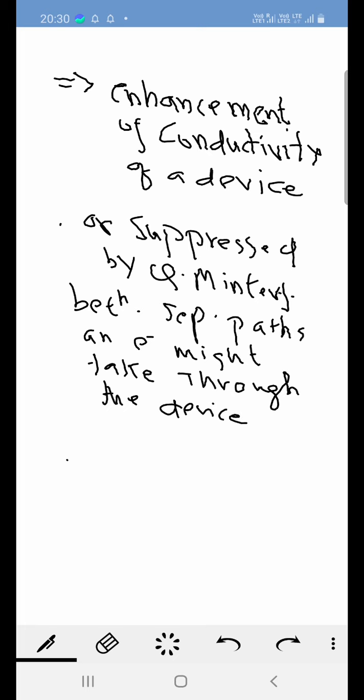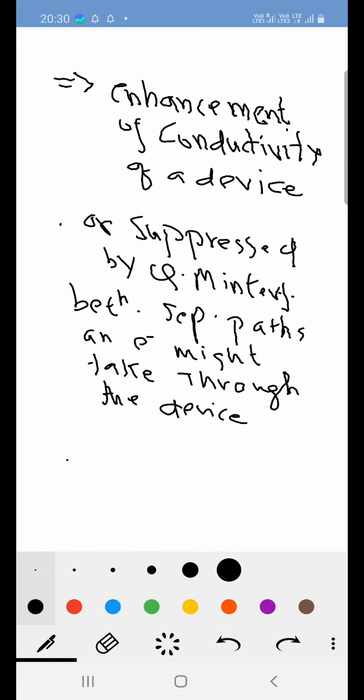And mobilities of electrons have been found to be higher in III-V semiconductors.